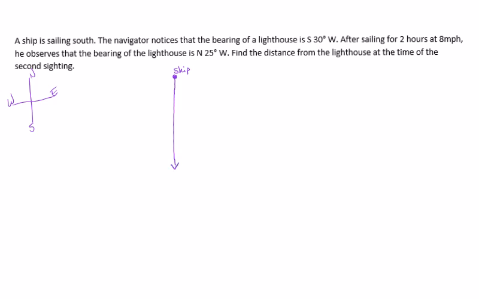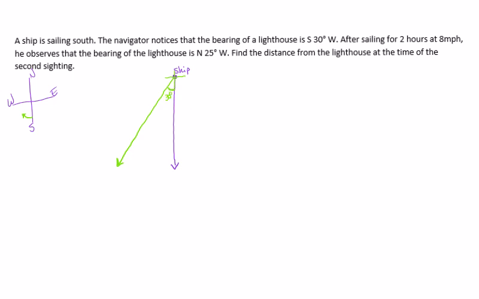And so at that point up above, I am going to put myself a little north, south, east, west line. Okay, and so it says at that spot we're going to notice a lighthouse south 30 degrees to the west. So I'm going to go this direction, correct? Right, south 30 degrees to the west. So I'm here. I'm just going to draw a line, and this right here is my 30 degrees.